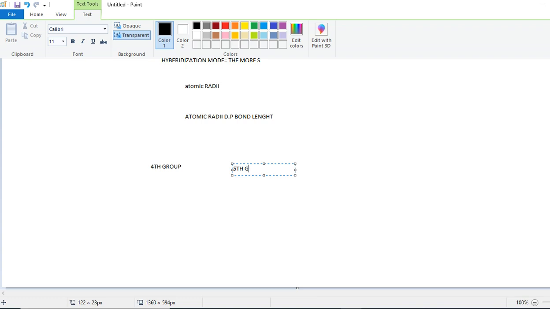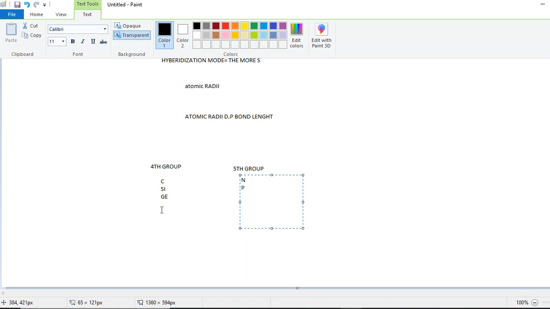Fifth group. Here we have carbon, silicon, germanium. Then here we have nitrogen and phosphorus.